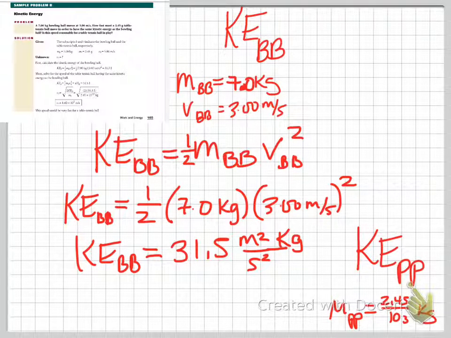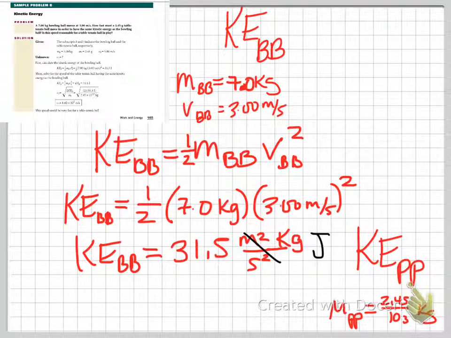Joules. Yeah. And 1 joule is 1 meter squared kilogram over second squared. It's the same units we use for work, which is kind of weird, but energy is the ability to do work. So that's basically how much work you could do with that amount of energy. So we'll get rid of that and just put in joules. So we've got 31.5 joules, which is not unreasonable.